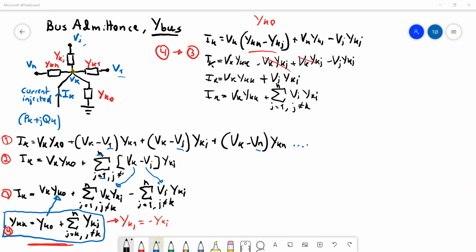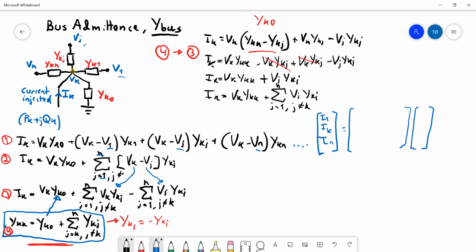Let's now finally write it up in matrix form. We can have it like this, equals, and we have the currents I1, IK, and IN.